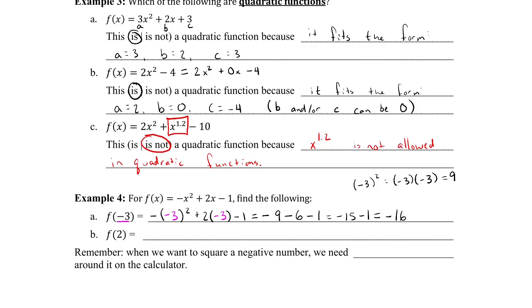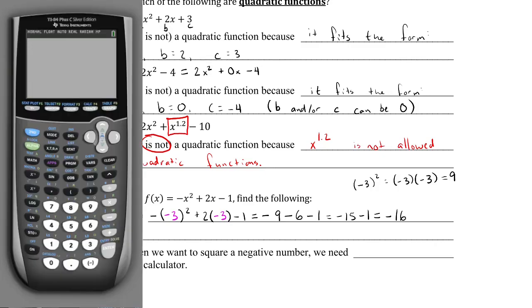Now, in reality, we would almost certainly throw that into the calculator. And I'm going to show you 2 ways to do that. One way we can do this is by saying the opposite of negative 3 squared plus 2 times negative 3 minus 1, which gives us our negative 16.